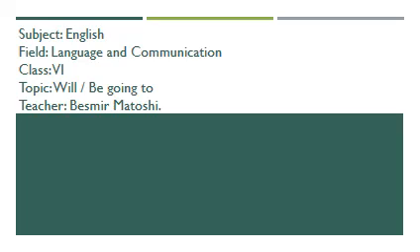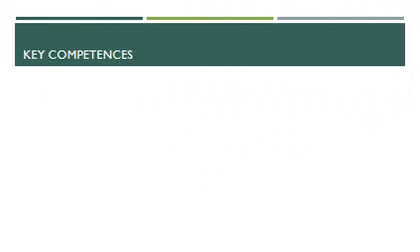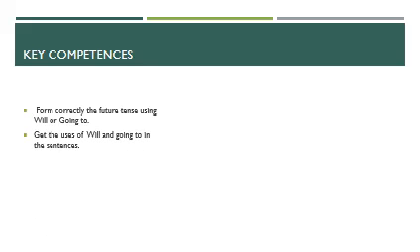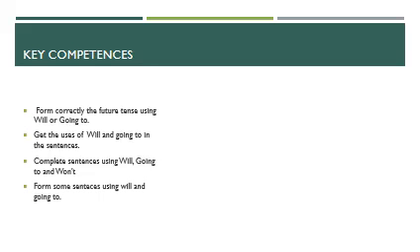In today's topic, we are going to talk about two future tenses, will and be going to. The objectives of this topic are: form correctly the future tense using will or going to; get the use of will and going to in the sentences; complete sentences using will, going to, and want; form some sentences using will and going to.